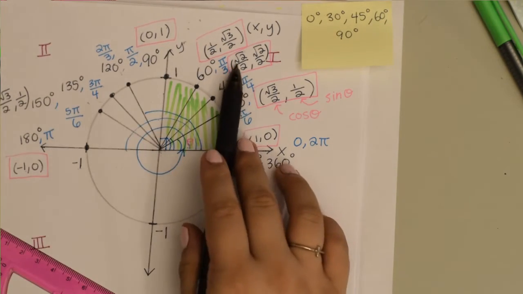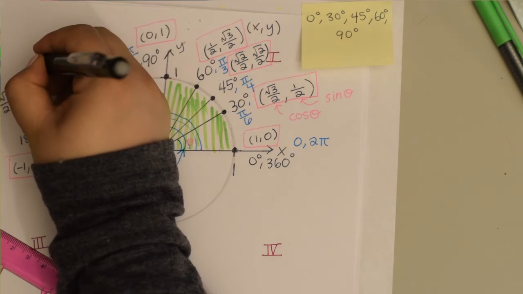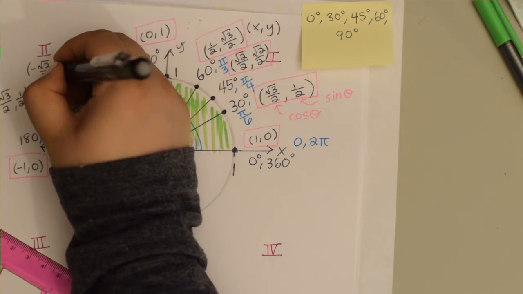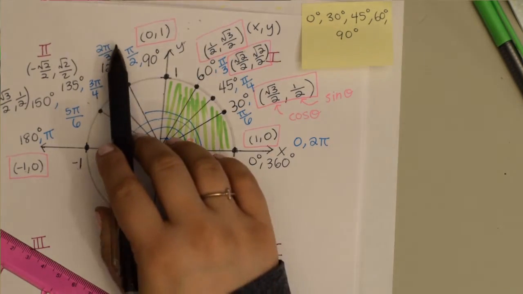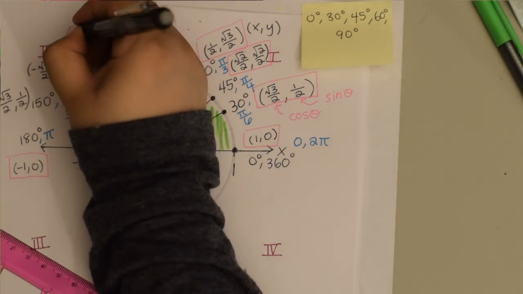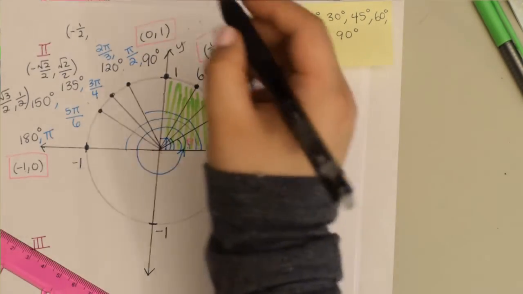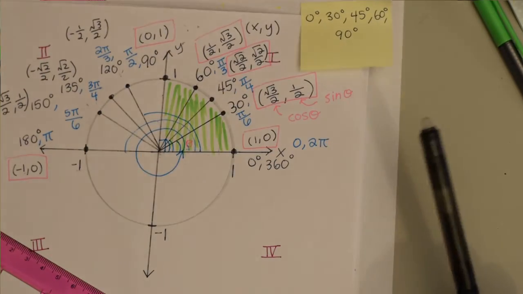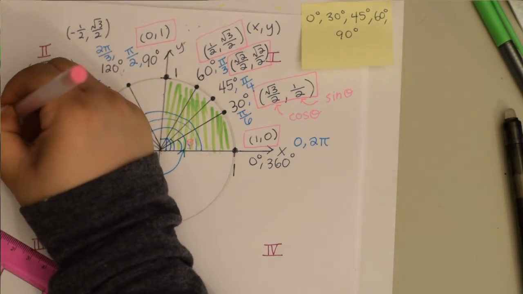And this is going to be the same as this one, the 3 pi over 4 is going to be negative root 2 over 2 and positive root 2 over 2. And then this is negative 1/2, positive root 3 over 2. That's it. And then we have our 0, 1, which is the same.